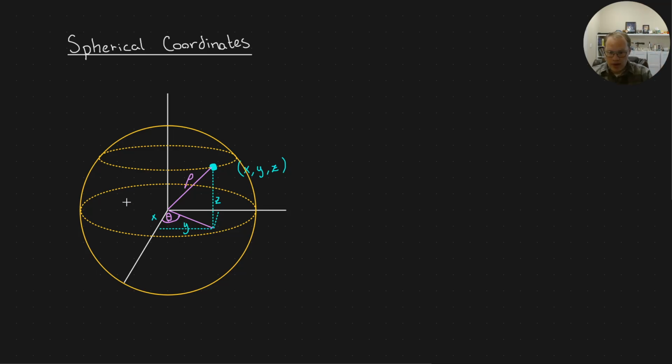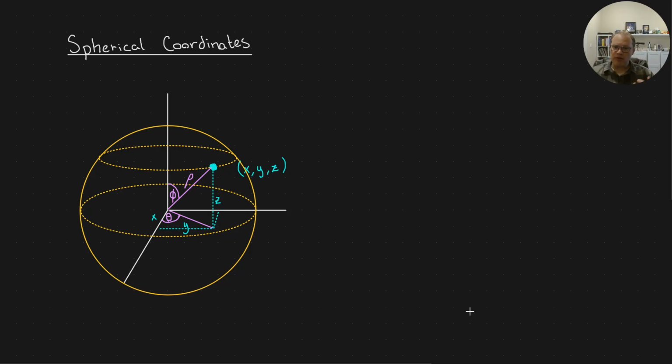Theta just tells us how far around we go. We need an angle that tells us how far up and down we go. So we measure the angle from the positive z-axis, and we name it the Greek letter phi, okay?